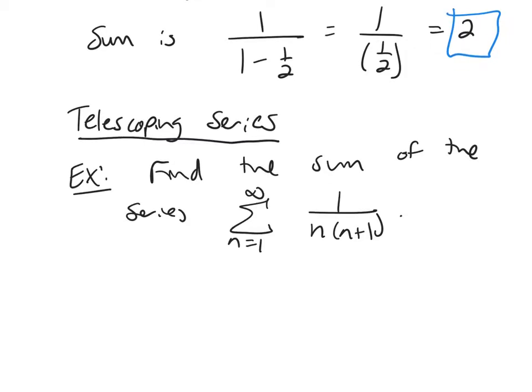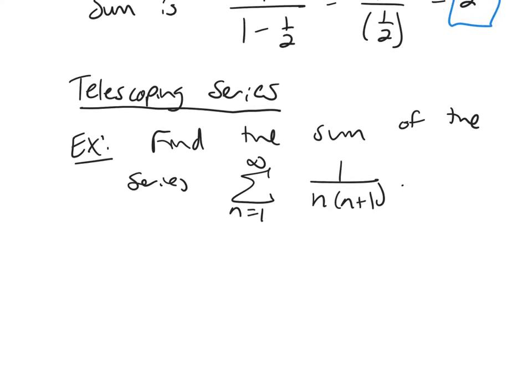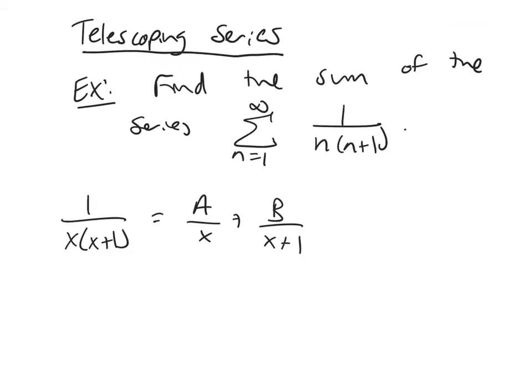So remember that this kind of reminds you of what we did back with partial fractions. If I swap out the n for x's, the denominator is already factored, and so I can use my partial fraction decomposition and solve for a and b much like we did before.